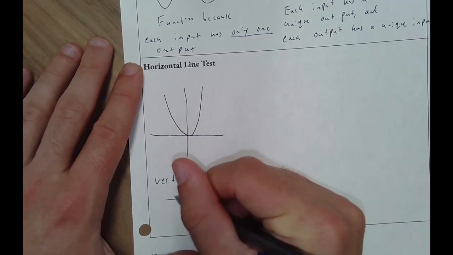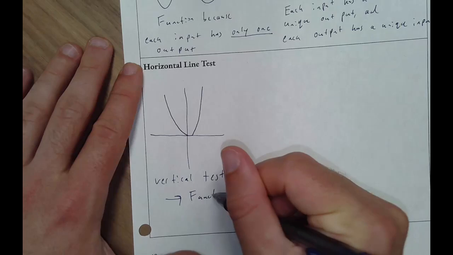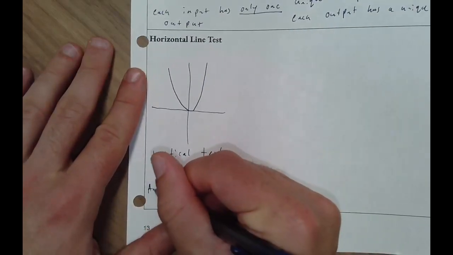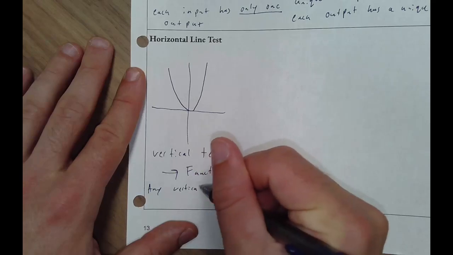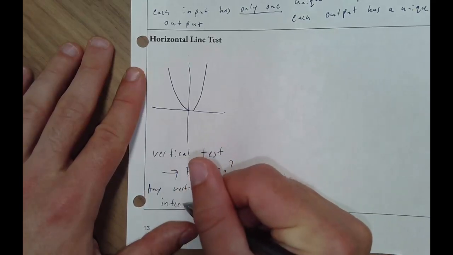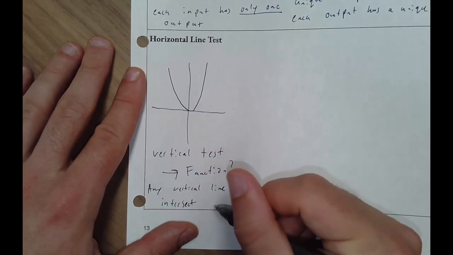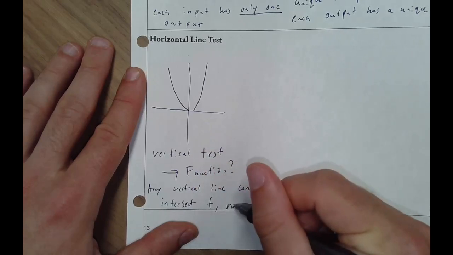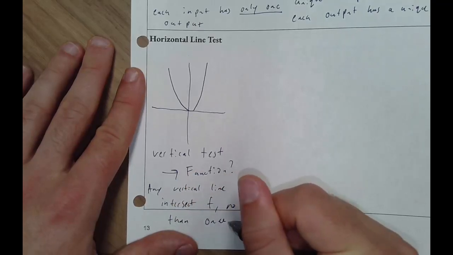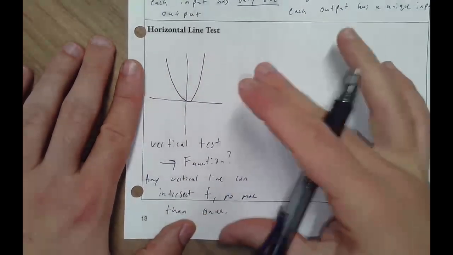This is testing whether it's a function, right? And it says any vertical line can intersect the function no more than once, right? That's the vertical line test. So this passes the vertical line test.